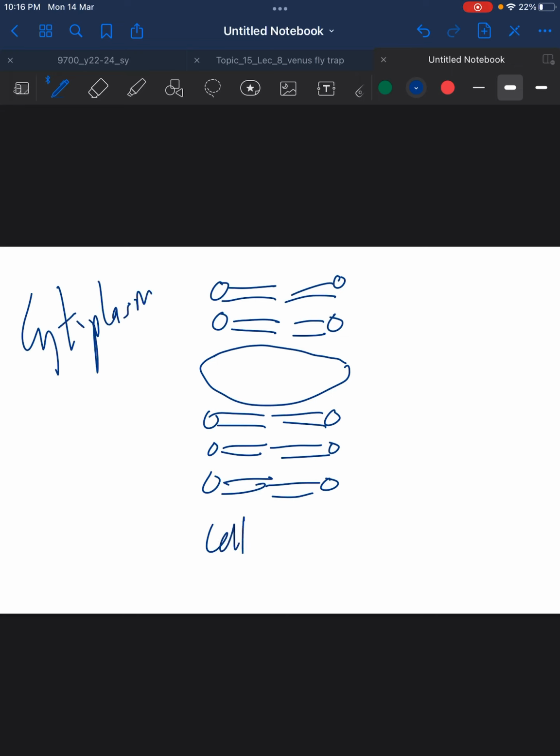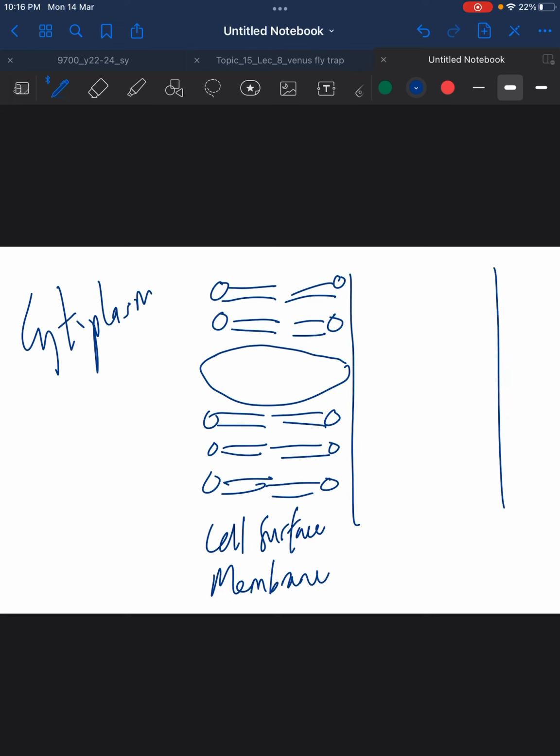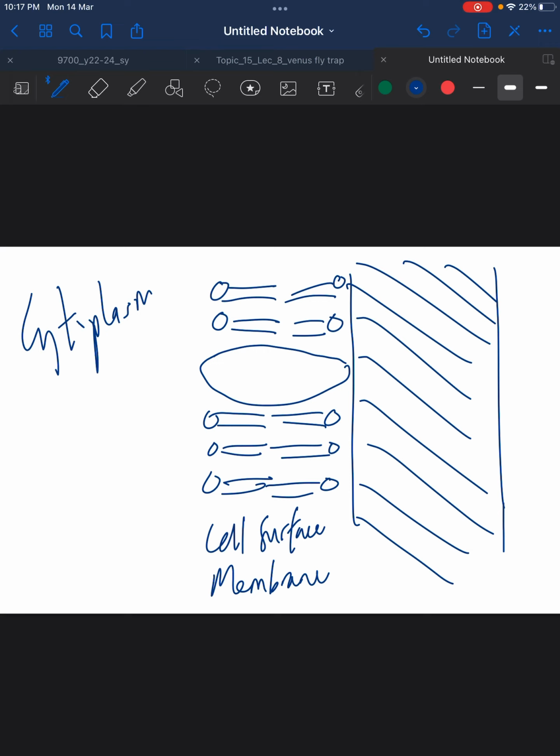This is cell surface membrane. Okay, now this part here is the cellulose cell wall. Okay, cellulose cell wall. So I'm just going to make it thicker like this. Okay, this is the cellulose cell wall. You're talking about plants.